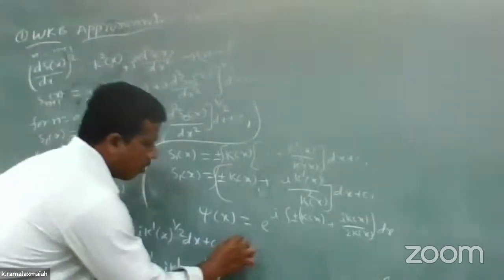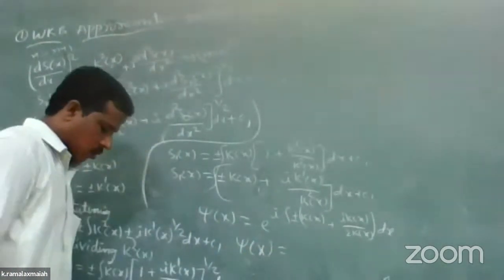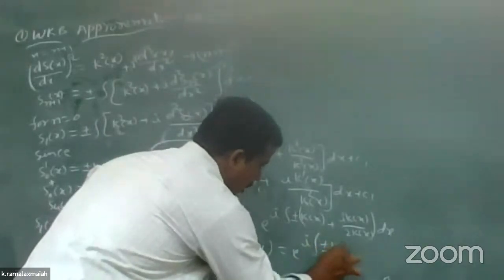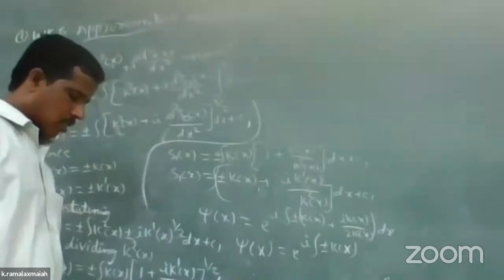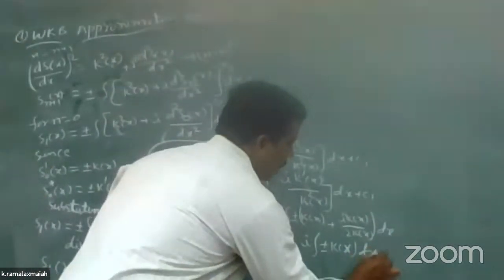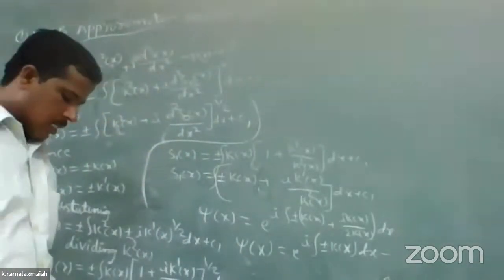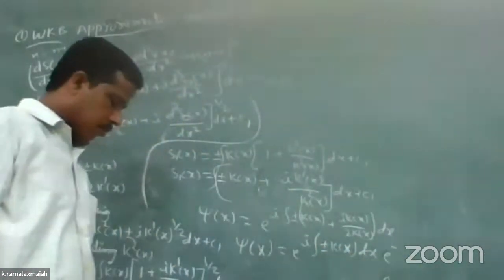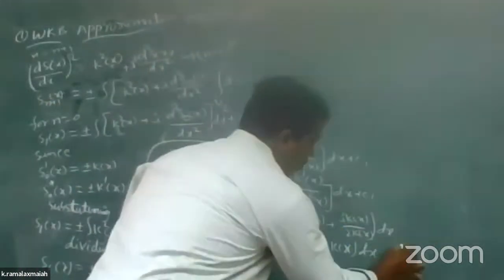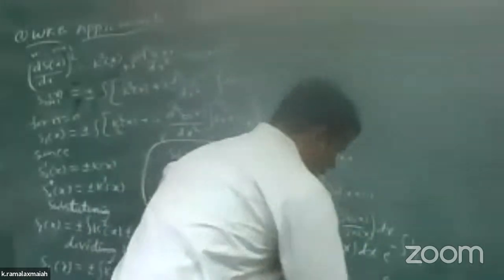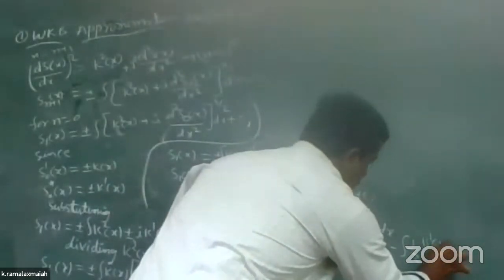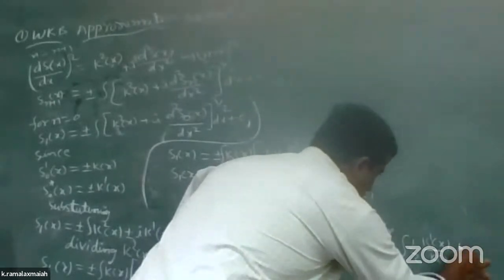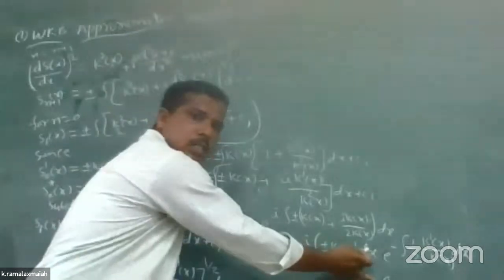So this is J of x is equal to e power of i real of plus or minus integral of k of x dx, minus e power of integral of 1 by 2 k dash of x by k of x dx.